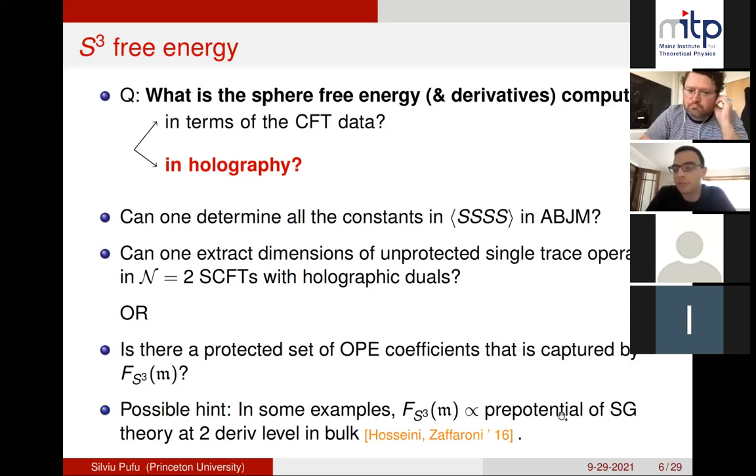Well, the prepotential is like some sort of special interaction, so that suggests that maybe there are some special interactions in the bulk that the sphere free energy is capturing.